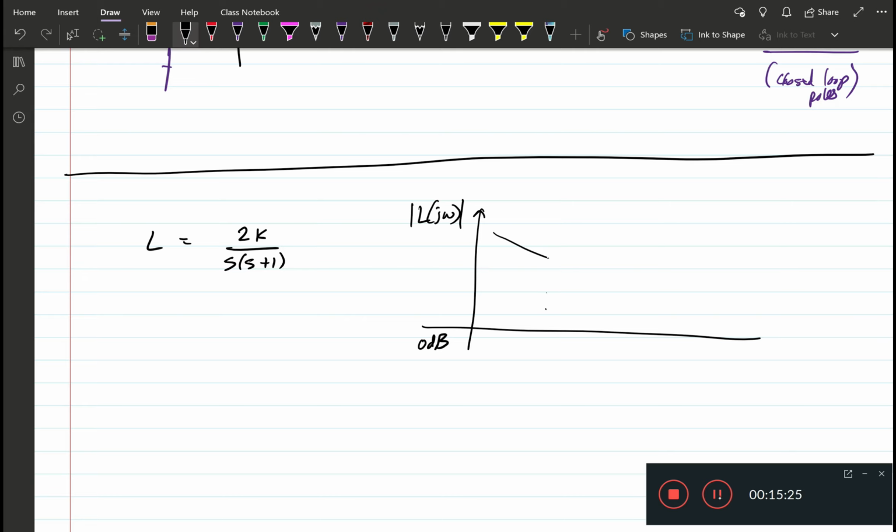At this one we would increase the slope.